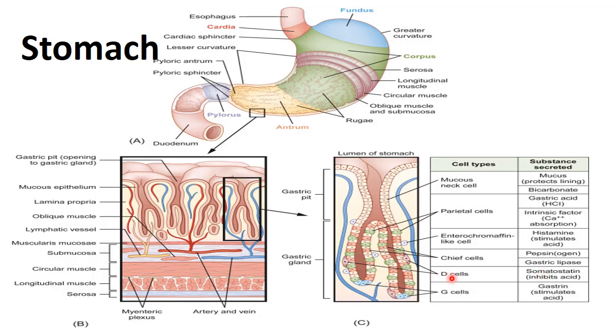The next type of cells are called D cells that produce a hormone called somatostatin, which inhibits the secretion of gastric acid. And the next very important type of cells are known as gastrin cells, or G cells, which produce the gastrin hormone, which stimulates the secretion of gastric acid.